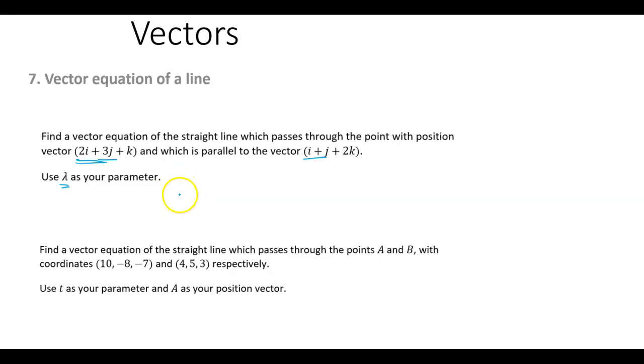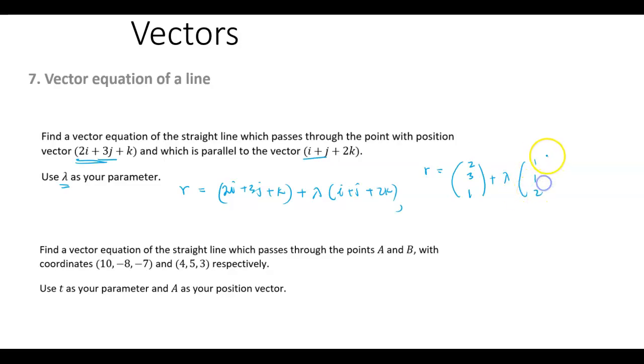So I can call my line r equals the point 2i plus 3j plus k, plus lambda times the direction i plus j plus 2k. Or I can give it in column vector form: r equals 2, 3, 1 plus lambda times 1, 1, 2.